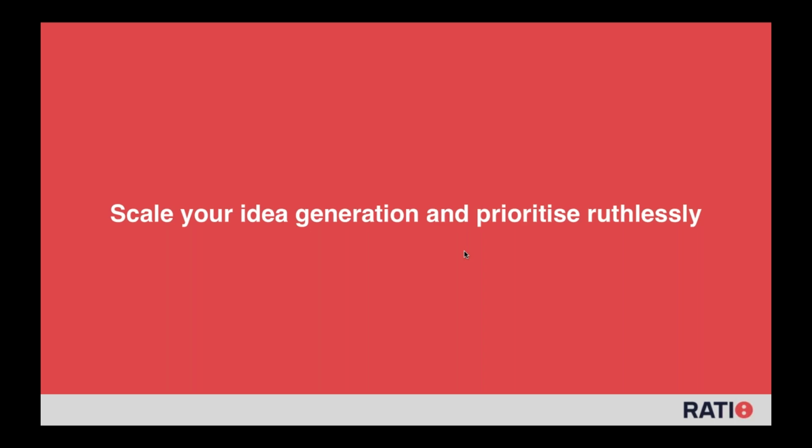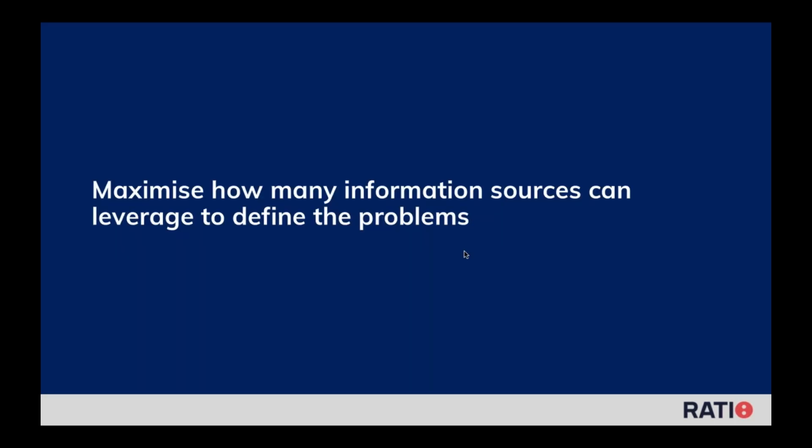So another factor in how successfully we can drive an optimization program is the quality of idea generation and how much of it we're able to have. So if we are just perhaps acting on our own in order to try and determine some hypotheses as to how the website should be changed, then we probably have a finite capacity as to how many problems we can identify and how many solutions, therefore, we can hypothesize.